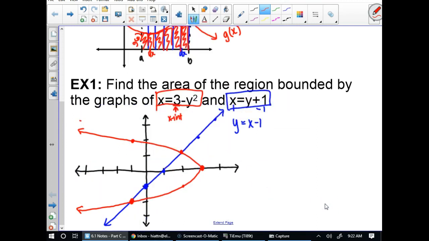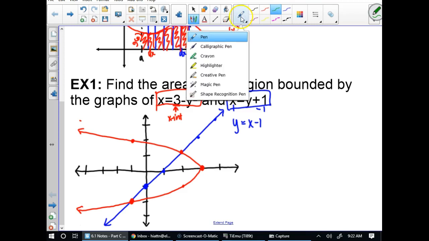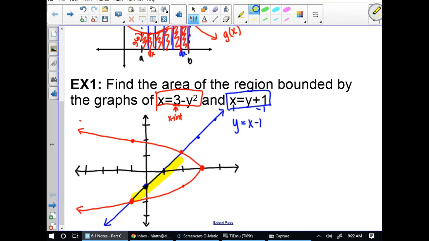Alright, so whenever we're looking at this, everything we've done so far, we looked at top function minus bottom function. Alright? And we're looking at, let me highlight it, this region right here. So, if I tried to do top function minus bottom function on this problem, then like up to here, I would be fine, right?